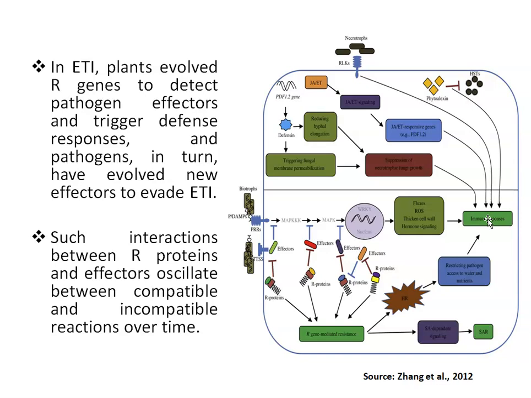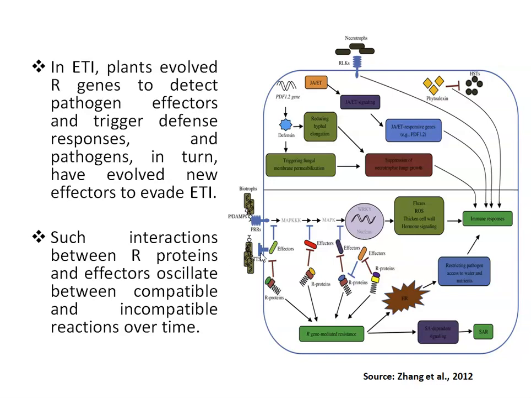Now, in the case of the second tier of defense, it is elicited by pathogen effectors via an interaction with R proteins. So in the second tier of defense, just look at this diagram.